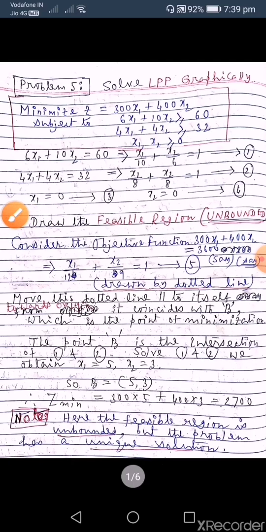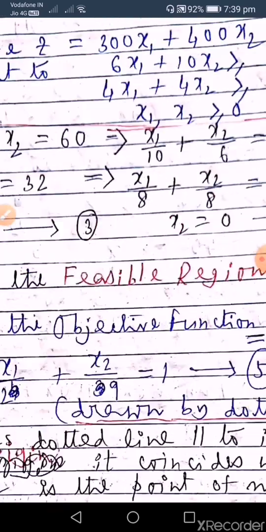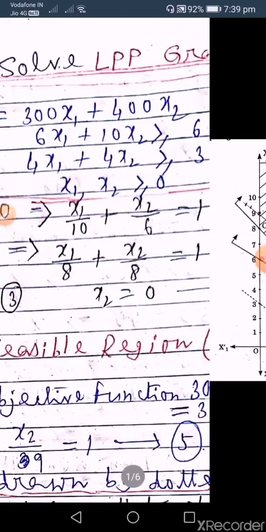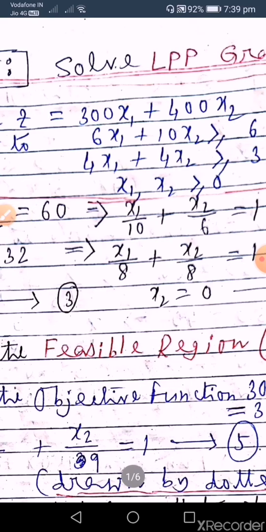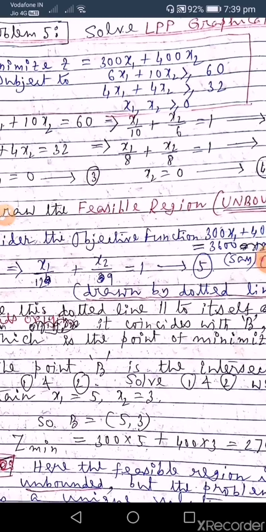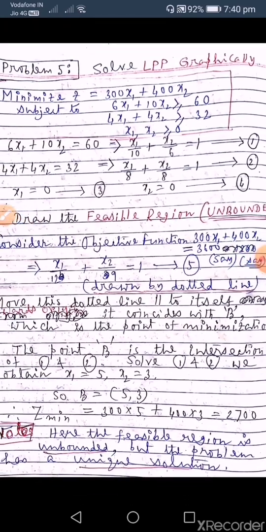Our first topic now is to choose one z. Here you see 300x1 plus 400x2. We have to choose one z in such a way that whenever we draw this line, it passes through the feasible region.